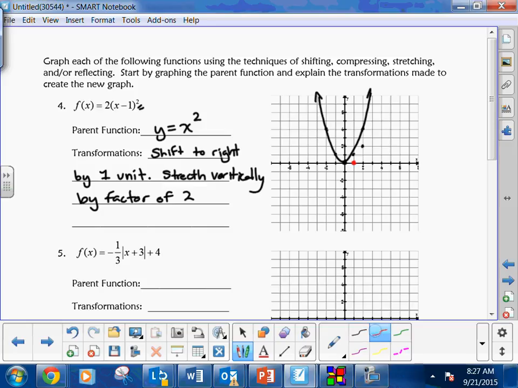Let me show you that. Here, here. And instead of having 4, we're going to have 8. Virtually all my y points that I would have had before are doubling. You could also graph it and you'll see the same exact thing happening here.